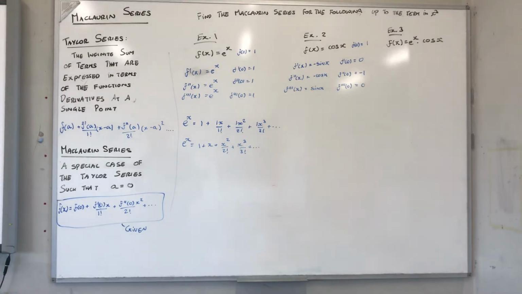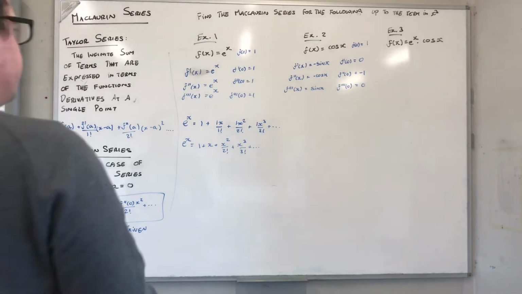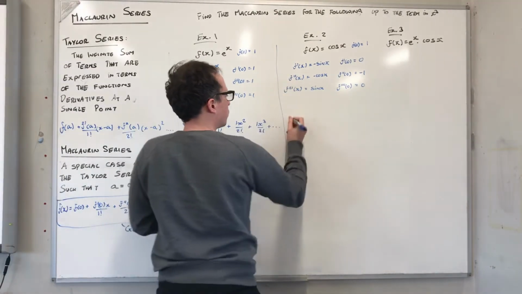So substituting them all in, cos of 0 is 1, negative sine of 0 is 0, negative cos of 0 is negative 1, and sine of 0 is 0, and so I can get the formula.